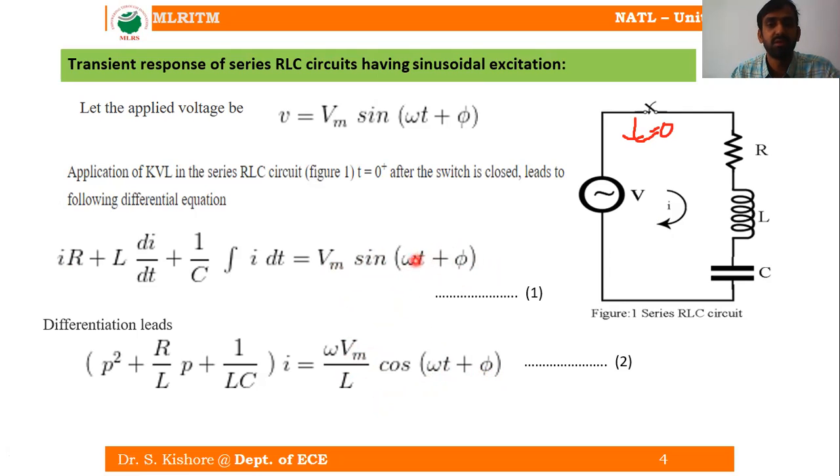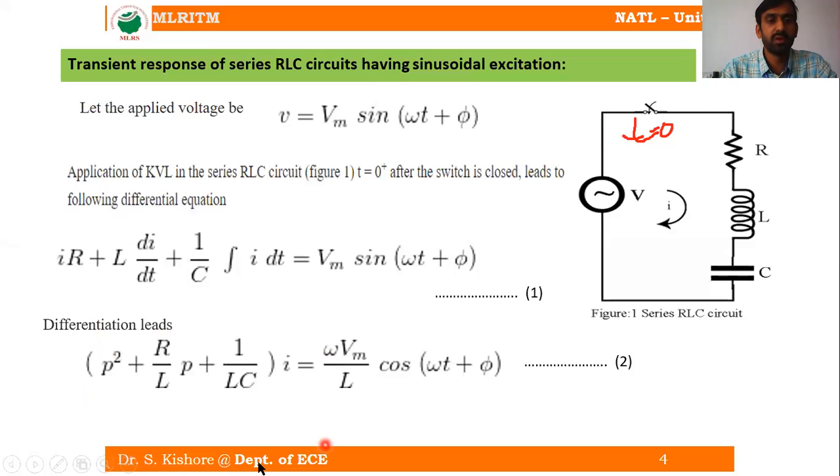The derivative of omega t is omega. So omega Vm. How did we get this L? Because in this expression we have taken L as common, and sending it to this side puts it in the denominator. So we have omega Vm by L cos of omega t plus phi. Is it clear?